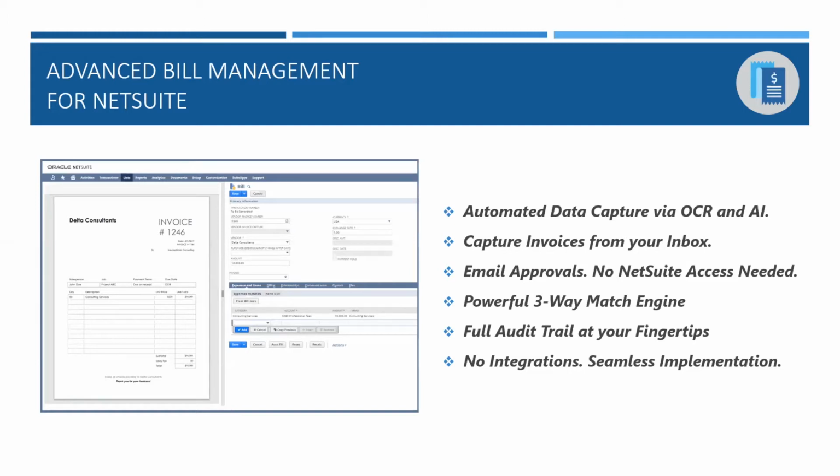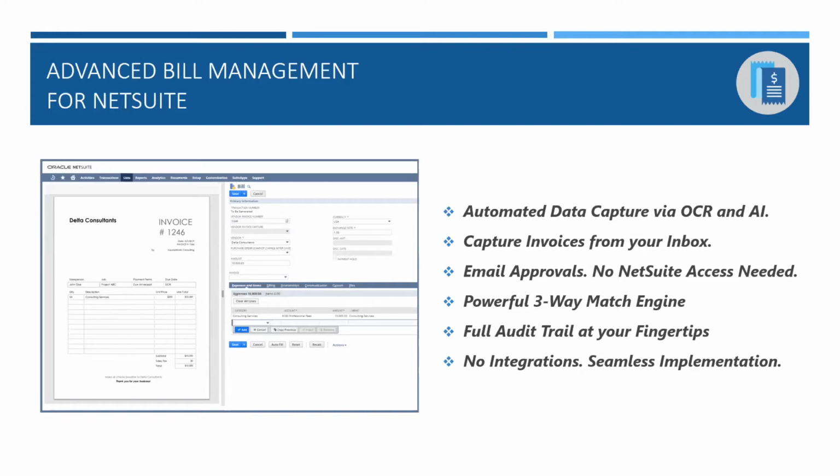You can upload vendor invoices into NetSuite by drag and drop, or you can email them as well, and we'll show you that. It also improves financial controls by integrating SquareWorks approval workflow automation, which helps approve invoices through configurable workflows, even the most complex workflows that you could imagine.